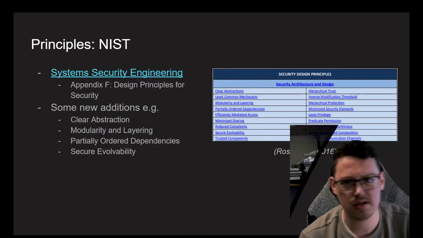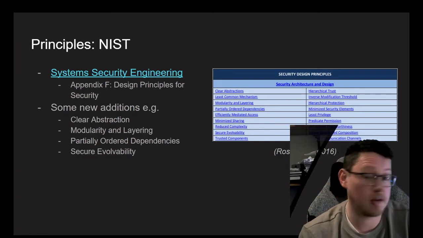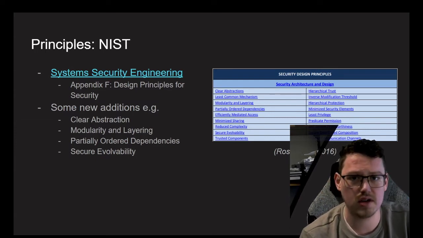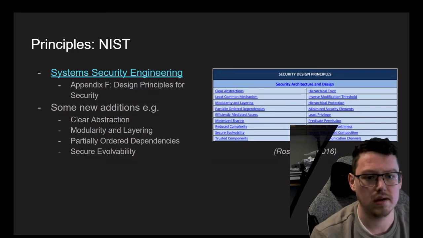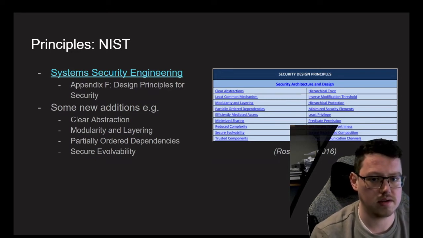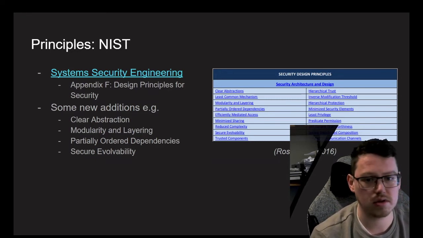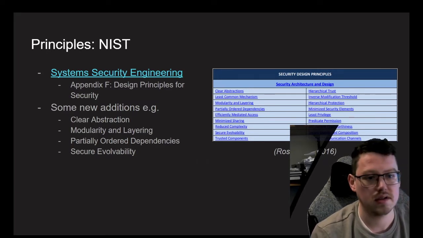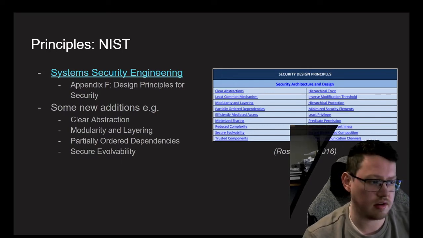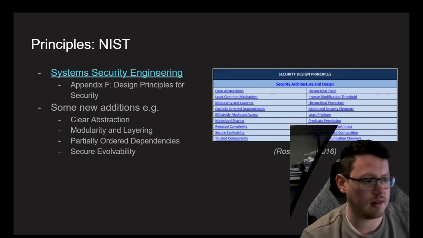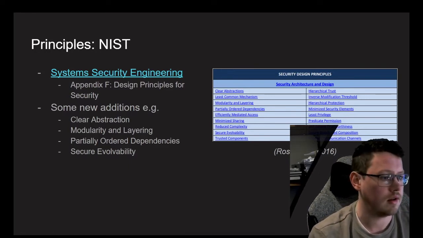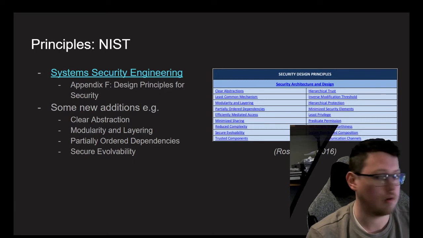NIST provide a set of standards for design principles for secure systems, and as part of their system security engineering publication, they build upon the ideas described by Saltzer and Schroeder that we just looked at. You'll notice there are a few new additions to the list, and some of them have been slightly reworded. There are things such as clear abstraction, modularity and layering, partially ordered dependencies, and secure evolvability that I've put on the left-hand side, but there are a few others.